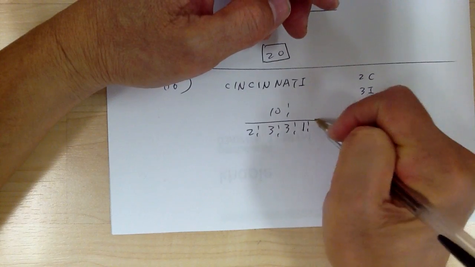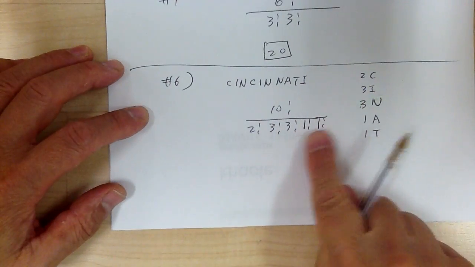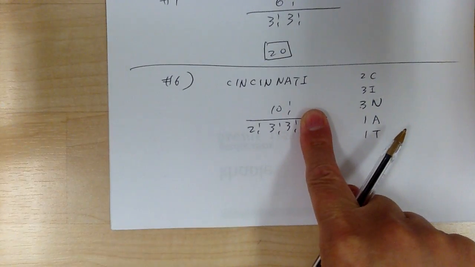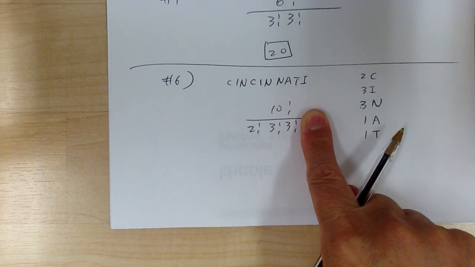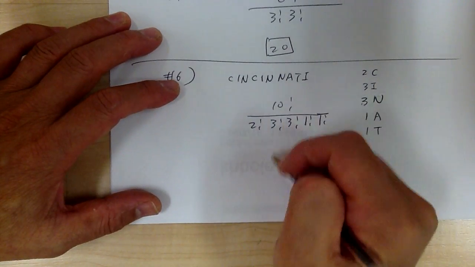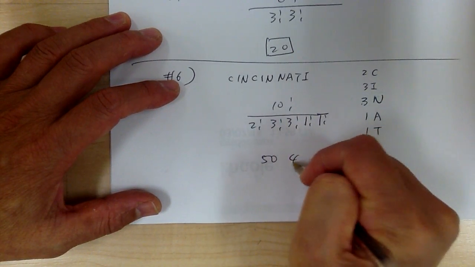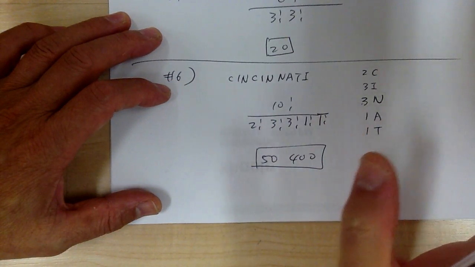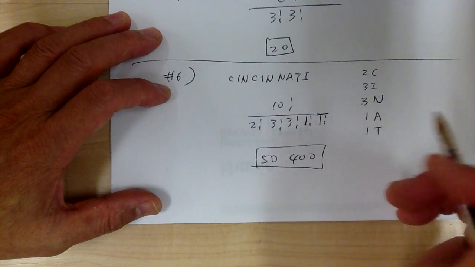You can write it if you want to, but it's a waste of time if you understand it. Punch in the numbers on your calculator and you should get 50400. So for this lesson, if items are repeated, you have to get rid of the repeats.